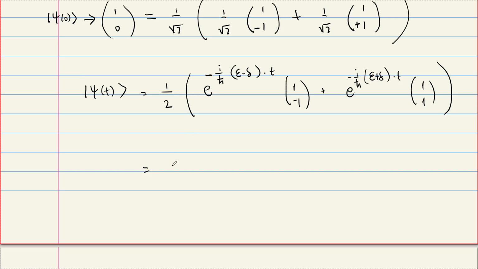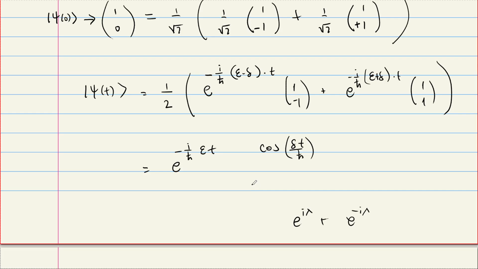So I can take out this e to the minus I over h bar, epsilon t. And what remains is e to the minus I over h bar, delta t, plus e to the minus I over h bar, something like e to the ix plus e to the minus ix. This is going to be cosine delta t over h bar.